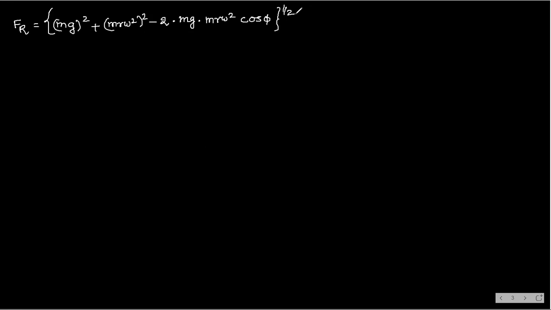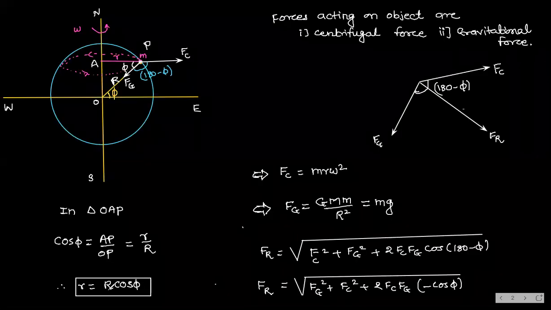Now see, on the previous page, small r is equal to capital R cos phi. Yes, no?